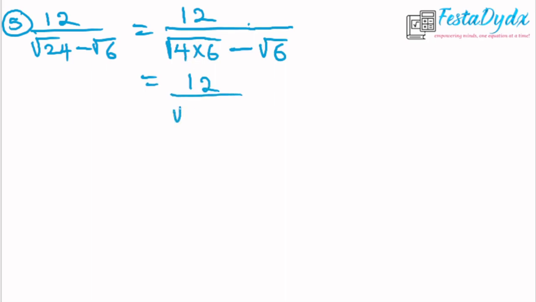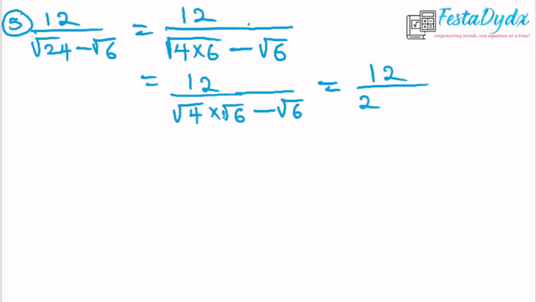Let's split it first: root 4 times root 6. Then let's not forget our minus root 6. So this is equal to 12 all over, the square root of 4 is 2, and then we'll have our root 6, then minus root 6. So let's say there is an invisible 1 here.